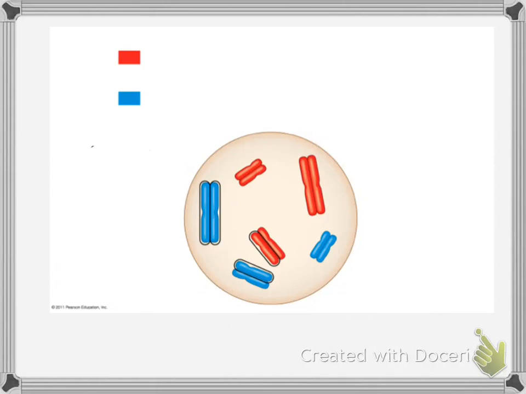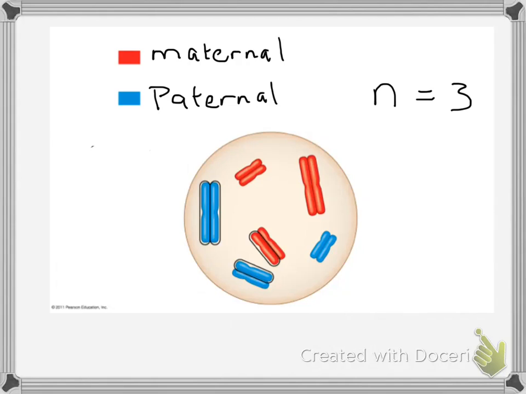The red ones are maternal. Blue ones are paternal. Now, the question is, what is N? N is the number of types of chromosomes. So N in this case is 3.